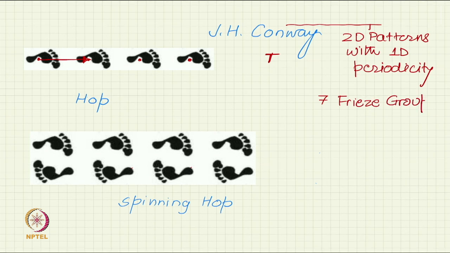These are examples of space groups. You can call them space groups because they are a combination of translation and point symmetry like rotation and reflection. So, it is a special kind of space group.